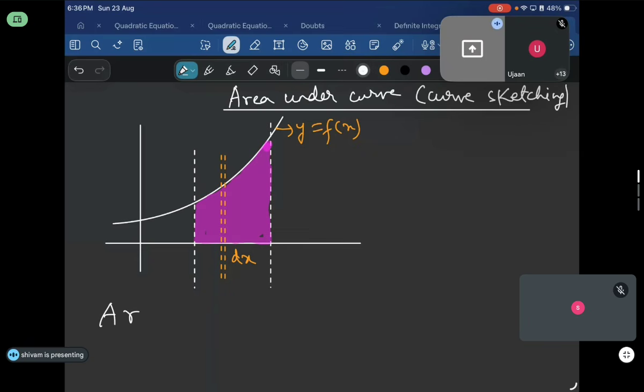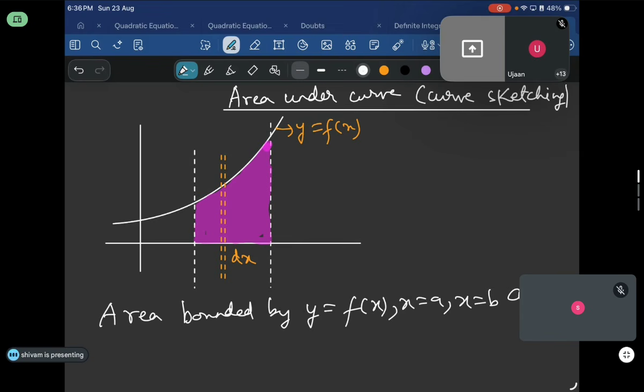Okay, I've already discussed this in the last chapter. Area bounded by y is equal to f of x, x equal to a, x equal to b, and y is equal to 0, that is the x-axis, is given by integral from a to b f of x dx.